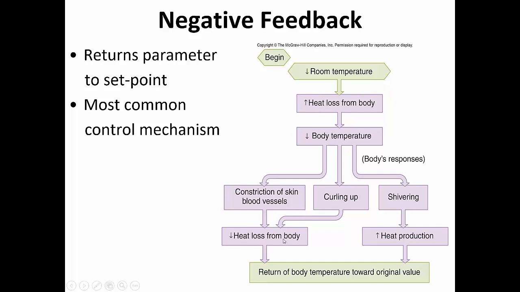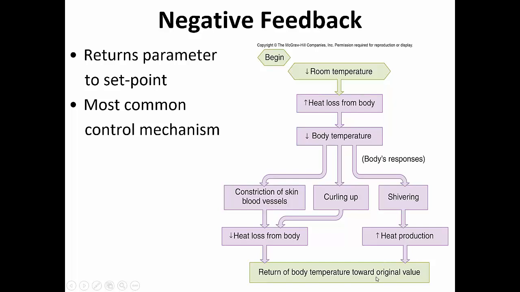If we make our way from left to right, the middle response is a behavioral response. This person curls up to try to prevent, as we can see here following this arrow, heat loss from the body. And then if we go to the far right, we see that the person is shivering. This shivering is involuntary, and it creates heat production as a result of muscle contraction and helps raise the body temperature.